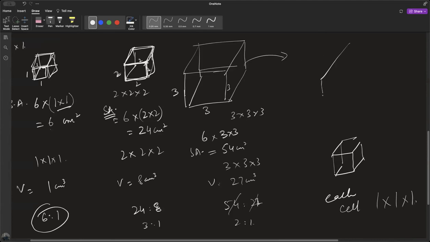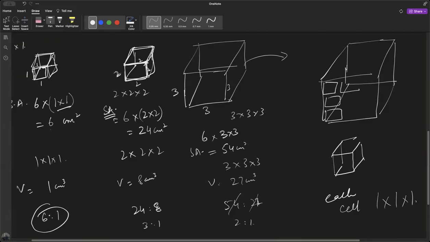If you look at this diagram, which is of 3 by 3 by 3, you're going to see that for each place you can fit 1, 2, 3. Each cell can be fit in this manner, yes or no? Yes. Each cell can be fit in this manner, right? Is it making sense?